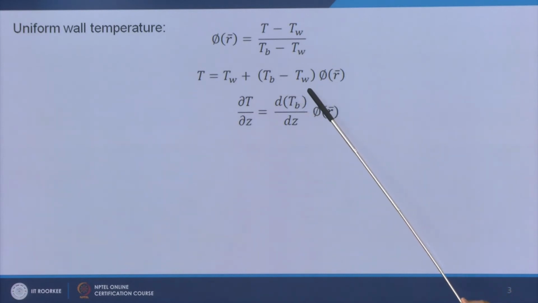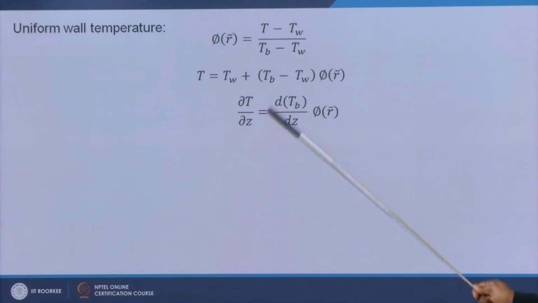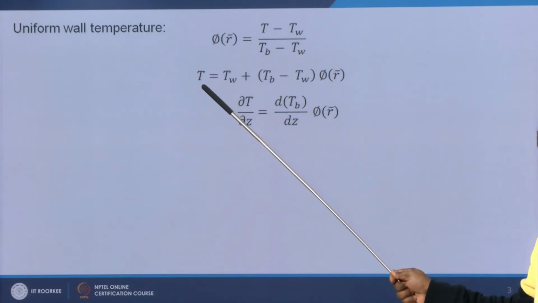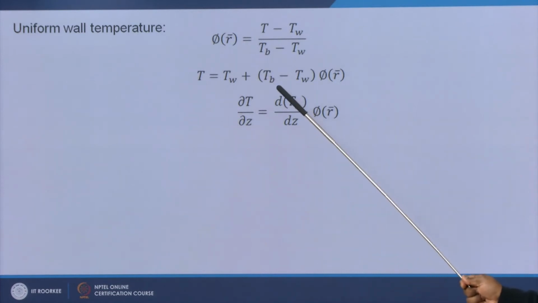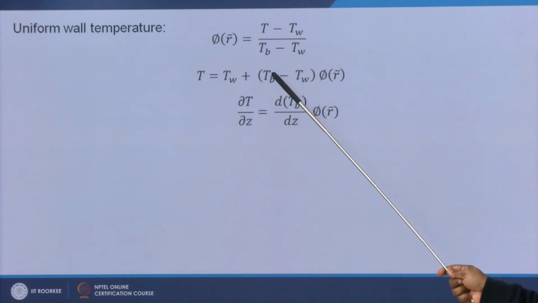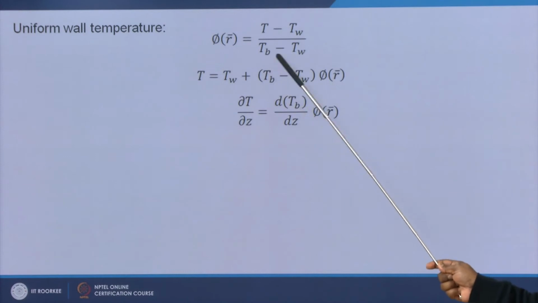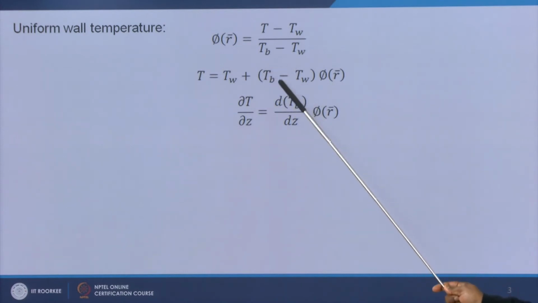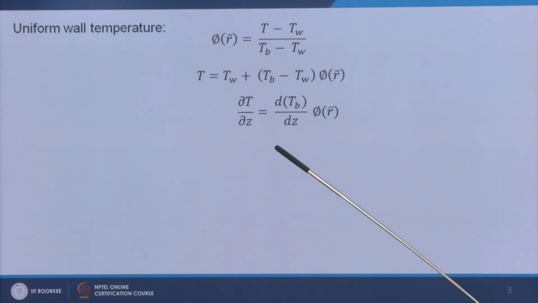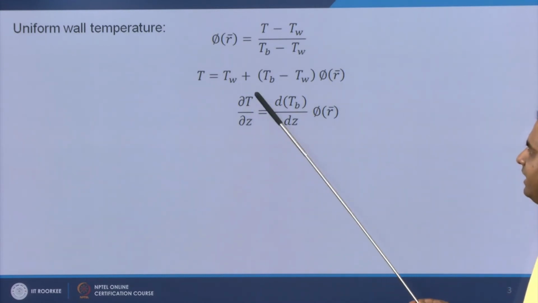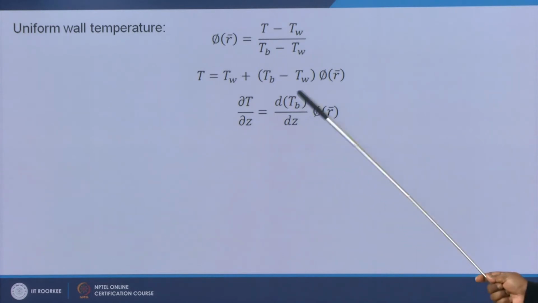Again, the Tw part is constant, so that derivative does not make sense. So the derivative of T with respect to Z comes only from Tb, the bulk temperature. It becomes dTb/dz, the derivative of the bulk temperature with respect to Z, multiplied by phi of R. So we have seen here that del T/del Z equals dTb/dz into phi of R.